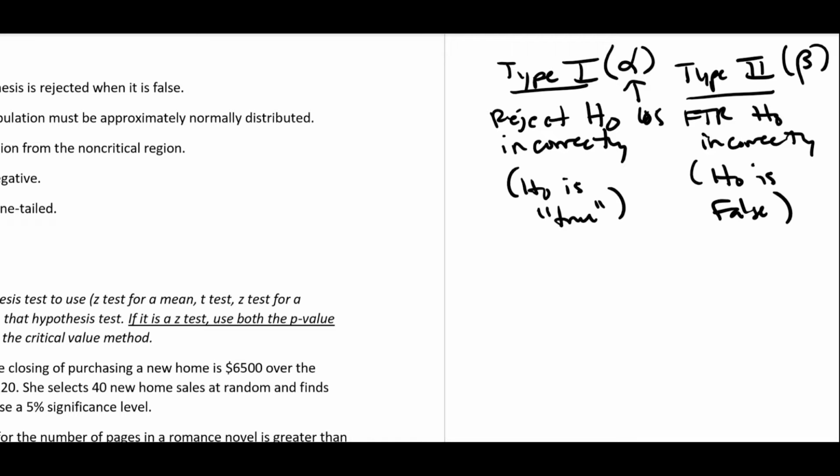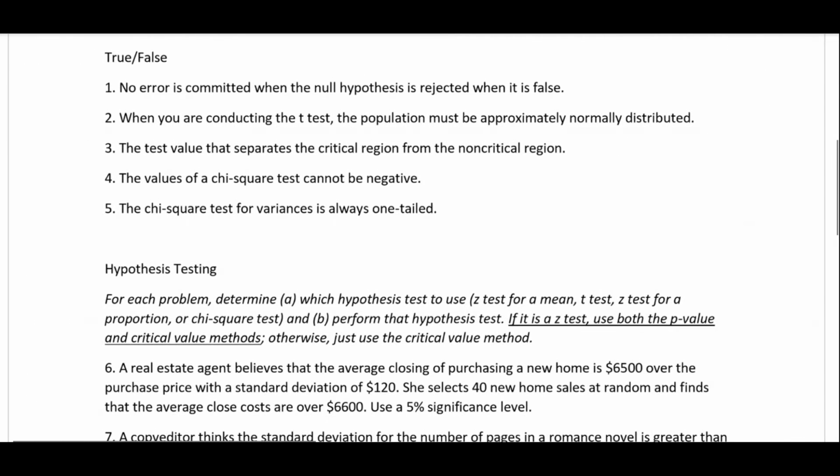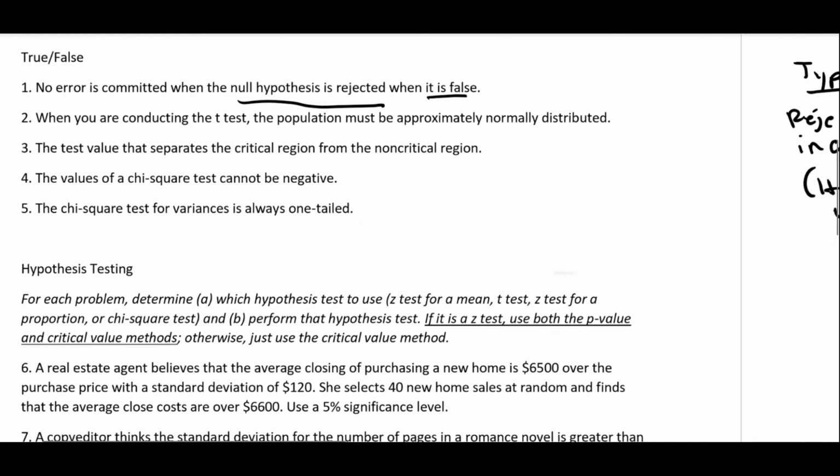We didn't talk too much about the type 2 error, but it's given by beta. So if the hypothesis is rejected but it is false, there is no error being committed, because you're supposed to reject it since it's false. So this is actually true.